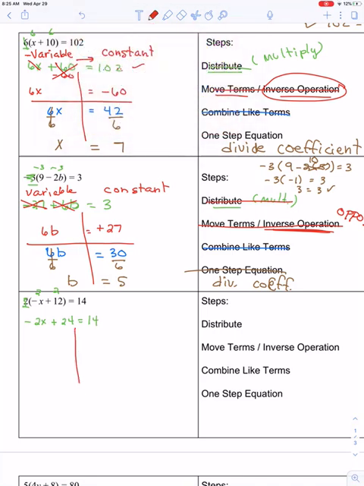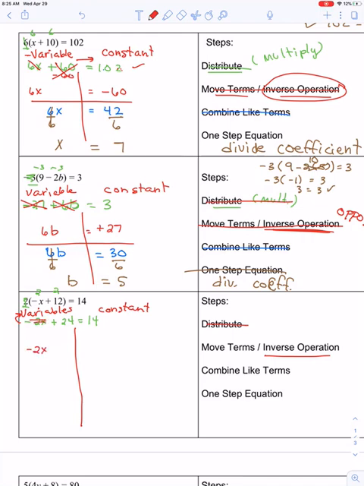Okay, here's my line where I'm going to split my variables from my constants. Okay, go through each term. Remember, if I have to move it, it has to do the inverse operation, which is the opposite. So -2x is a variable, so it's going to stay put.